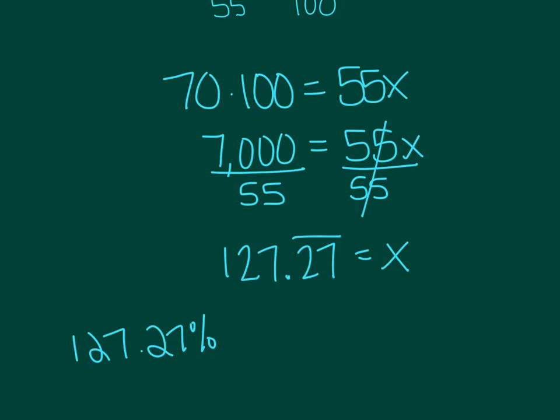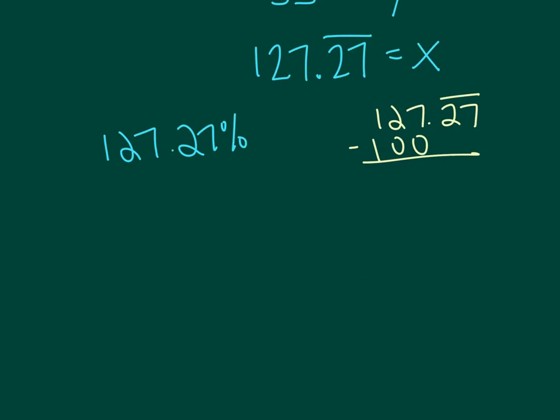So in class, we talked about that we're going to take our percent and we're going to subtract 100 from it. So if I take 127 and 27 hundredths, or 27 hundredths repeating, and I'm going to subtract 100 from that, I'm going to find that, of course, I do get a positive answer, 27.27%.